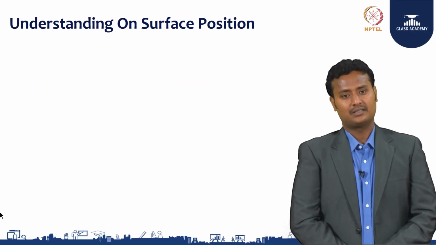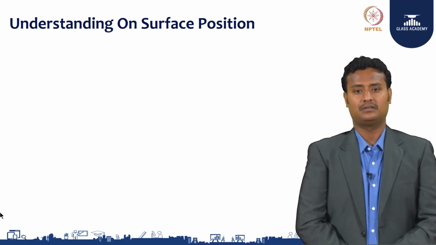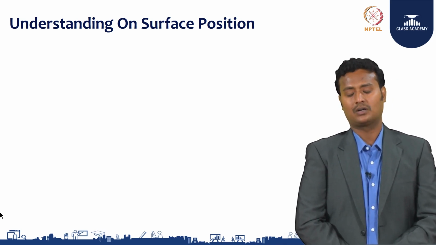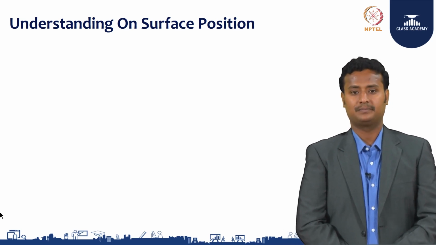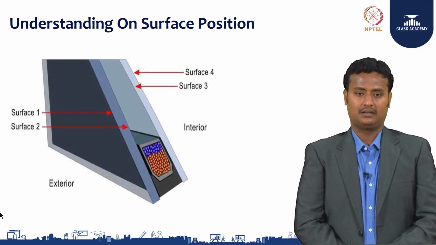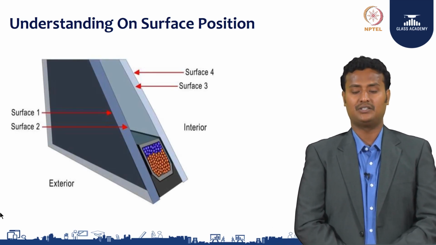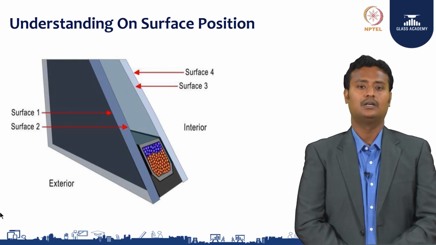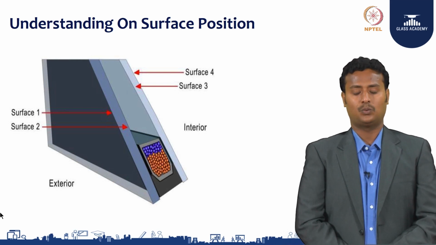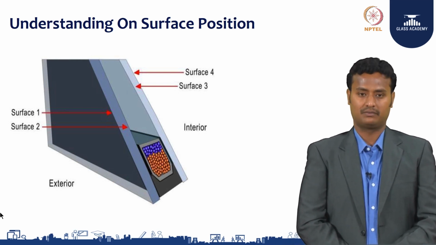Before we get into that, let us first understand the surfaces of an IG unit, which side the coating position is, and what glass it is. Let us see about it. If you look at the IG unit, we have to differentiate between exterior and interior, which is the first most point you have to look at, because while doing processing you will have to understand which side is going to be the coated face.